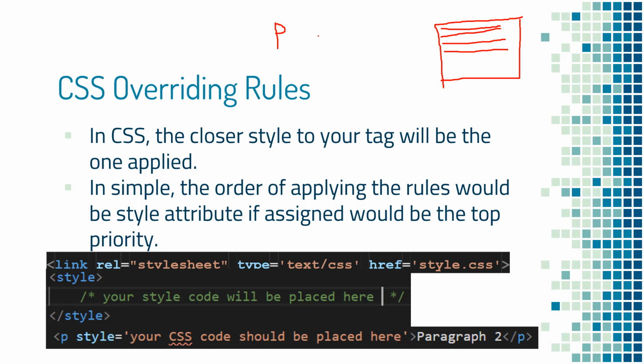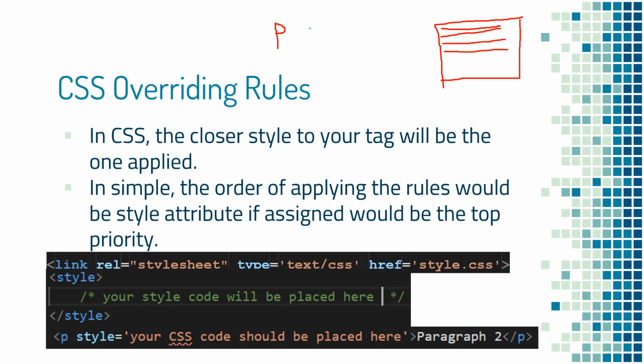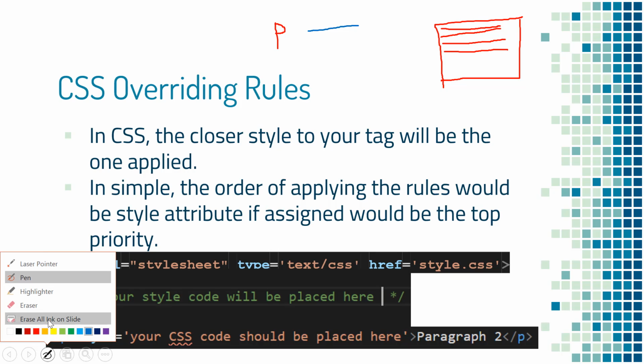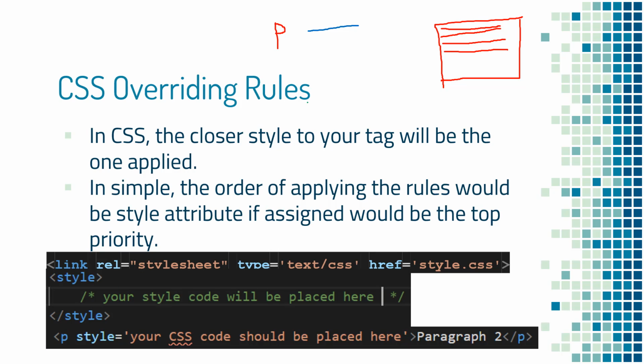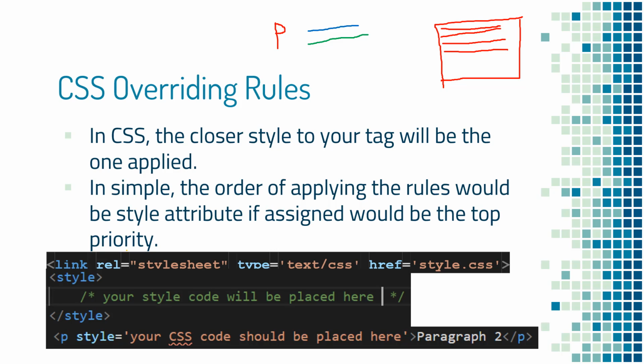Let's say for the paragraph, we have a color in the external, we have this color. And for the internal, we have this one. And for the inline, we have this color.